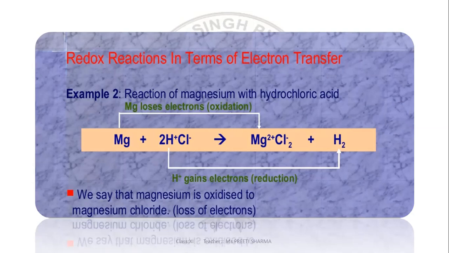And after gaining some electrons, it has been converted into H2, which is its elementary form. It means elementary form में वो 0 state में चला गया है. So +2 से 0 में जाने का मतलब है उसने 2 electrons का gain किया है, right? So we can say magnesium is oxidized to magnesium chloride after losing the electrons, and hydrochloric acid is converted into hydrogen after gaining the electrons.